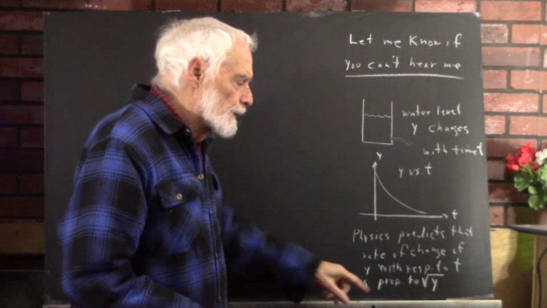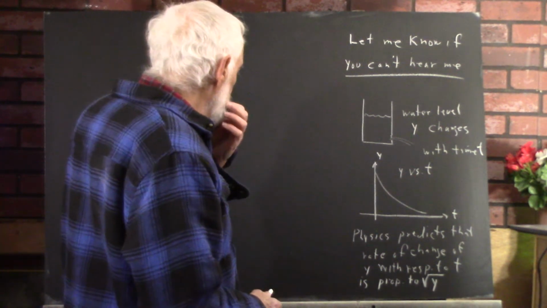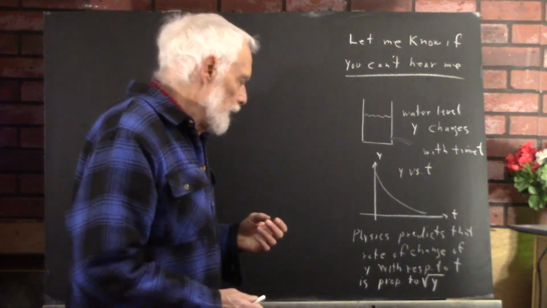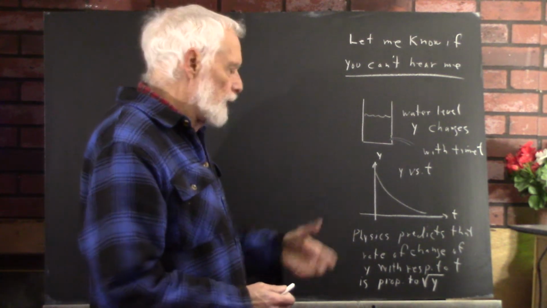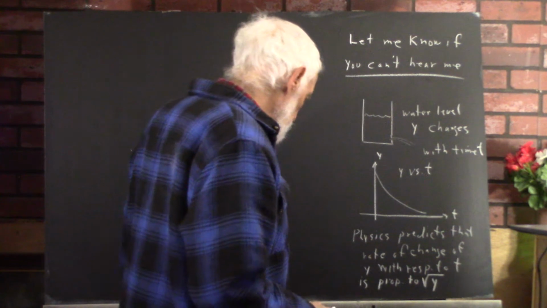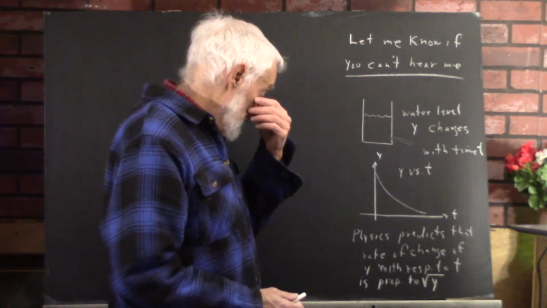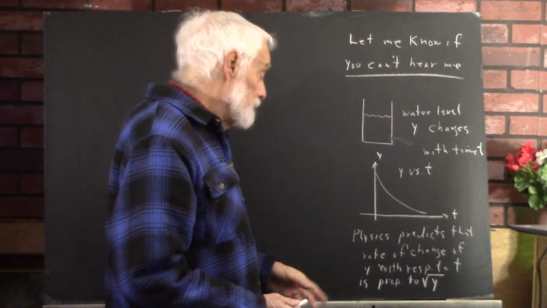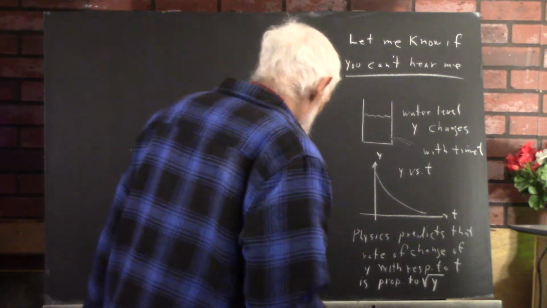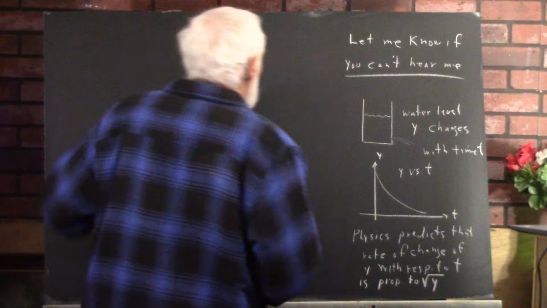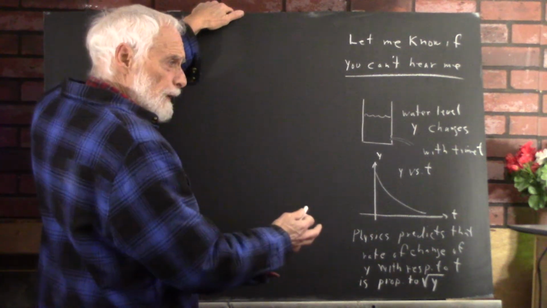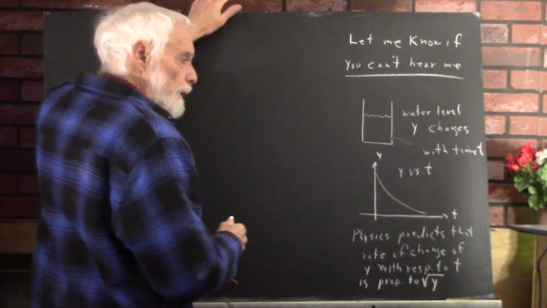But this is a prediction, and then using some more advanced mathematics, actually a very simple differential equation, but something you don't get to until you've had at least a year of calculus. Maybe at the end of your first year of calculus, you would be in shape to solve this differential equation. At this point, that differential equation is just kind of a miracle.